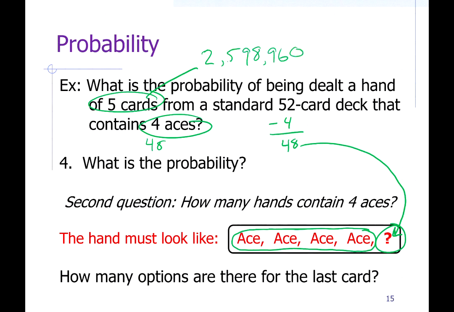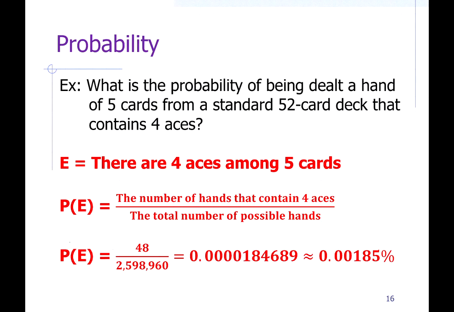Okay, so we've counted these 2 things. The counting is done. The last step is the probability. We divide these 2 numbers, and if you pop this into a calculator, you will get approximately 0.00185%, a very low probability.